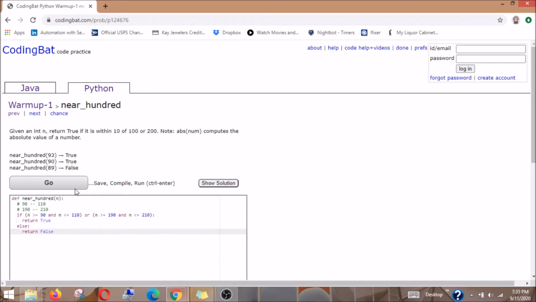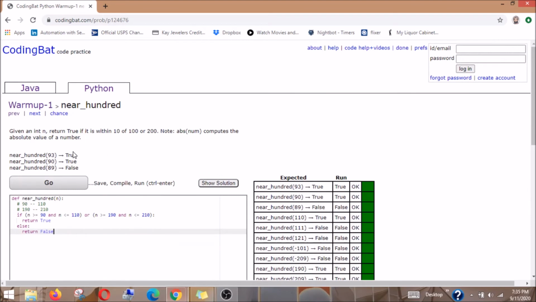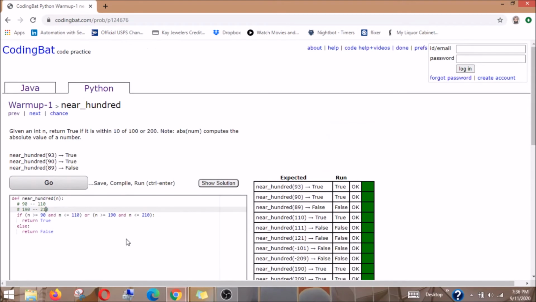Okay, so I hope this will work. Yep, because they have given the example that 90 is included, if you see here, right? That's how I got the idea that it will start from 90, go till 110, and for 200 shall start with 190 and go till 210. Okay, yeah, so let's go to next.